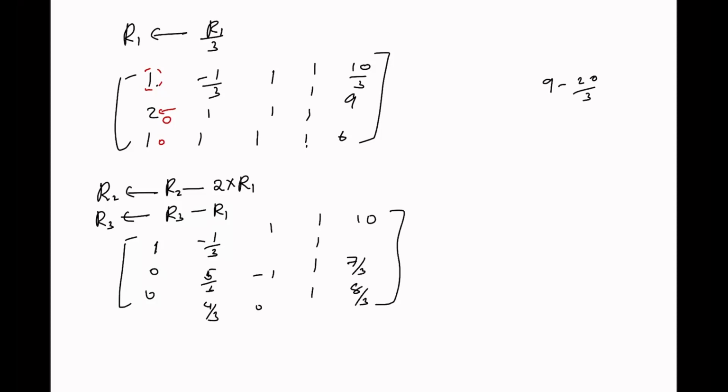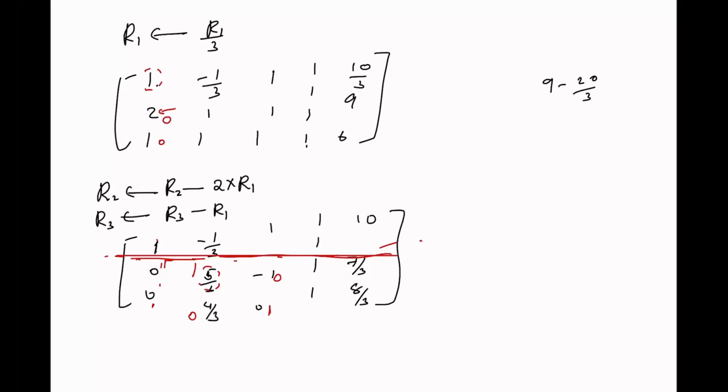And you can do it like this, and then you need to make this thing 0, this thing 1, and this 0, and then finally make this 0 and this 1. Okay, so you need to perform all the row operations. Once you've made this 1 and this 0, you can forget this row.